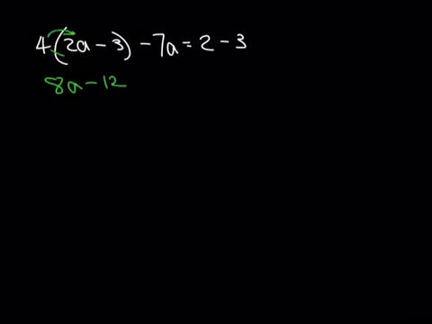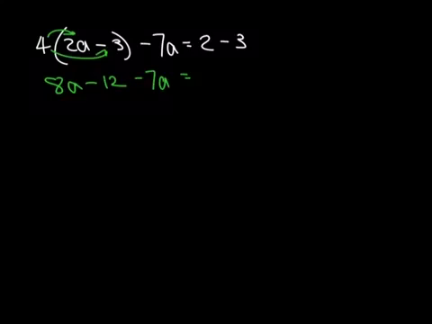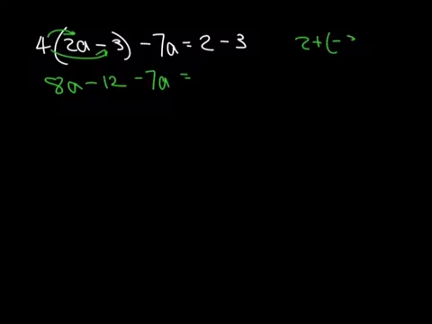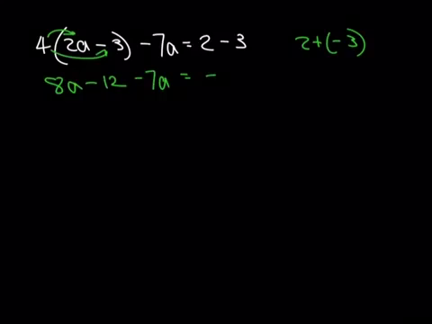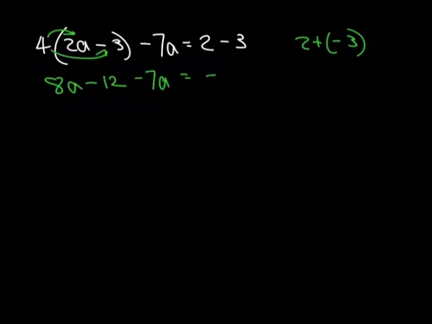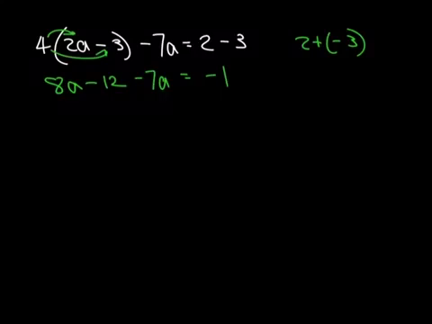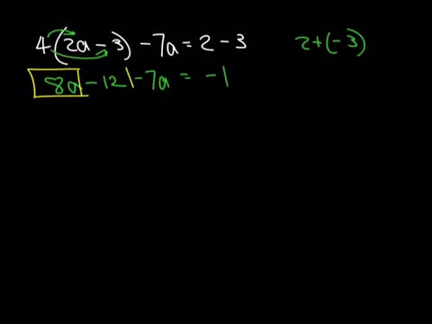That times that, that times that. 2 minus 3 is 2 plus negative 3. The biggest number is negative, so that will be the answer, and the signs are different, so we take the difference. Alright, so let's combine this with this.